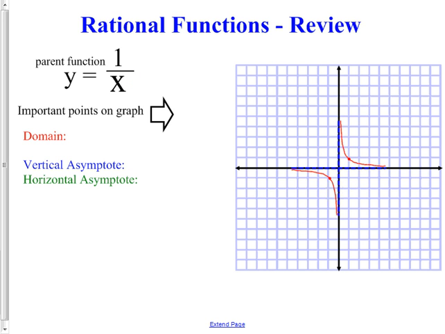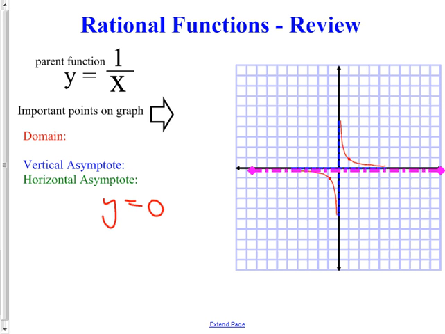Horizontal means it crosses like the horizon. It's this line that's running right there. Okay? So, again, kids think, oh, that's the x-axis, it must be x equals whatever. The y equals thing. This has a horizontal asymptote at y equals 0.